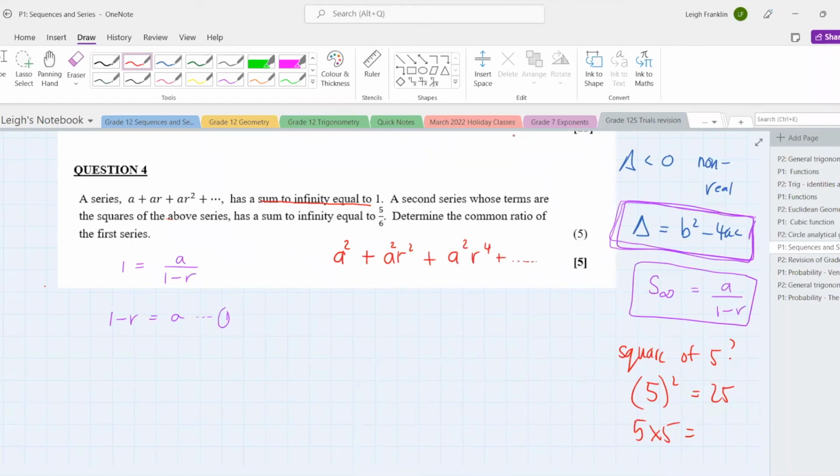And what they're telling us here is that it has a sum to infinity equal to 5 over 6. So again, they want us to use the sum to infinity formula. So the sum to infinity, 5 over 6, is equal to, okay, in this case, a is A squared. How are we going to work out what R is?